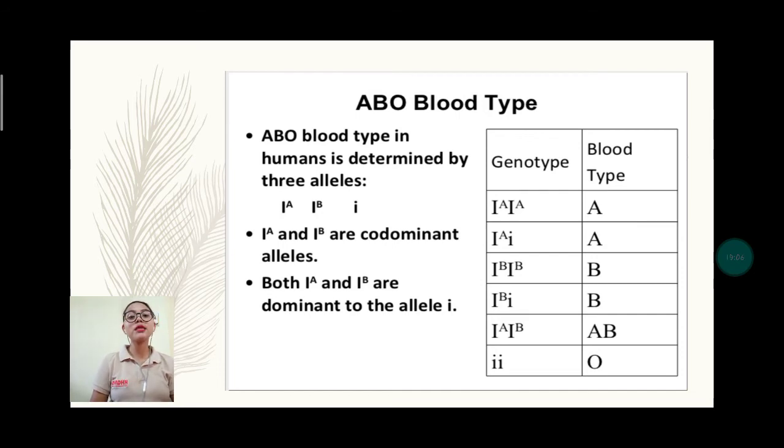So if we notice, how many blood types? 1, 2, 3, 4. So technically we have 4 blood types. And how many genotypes? 1, 2, 3, 4, 5, 6. 4 blood types with 6 genotypes.